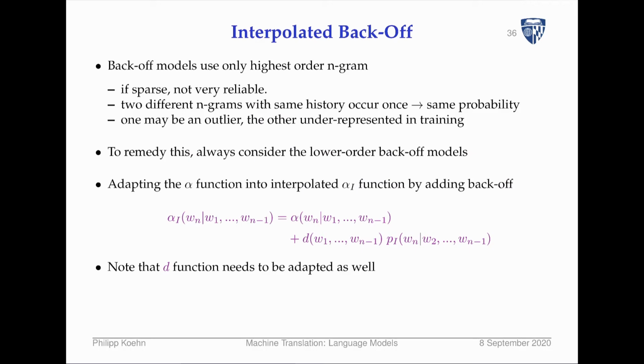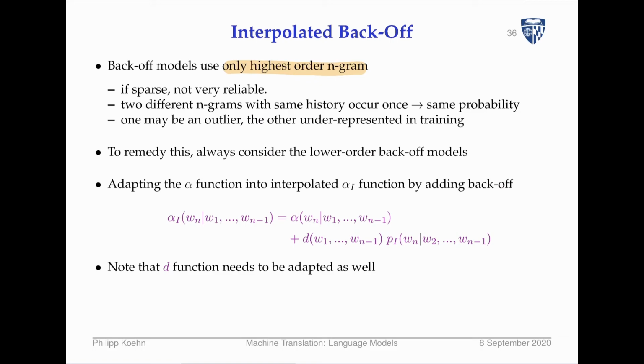But then we backed away from that and went to back-off, where we said, we're going to use the highest order n-gram model where we have a positive count for that particular n-gram and then go with that and stop there. But now we say, well, let's just add in the back-off in any case.